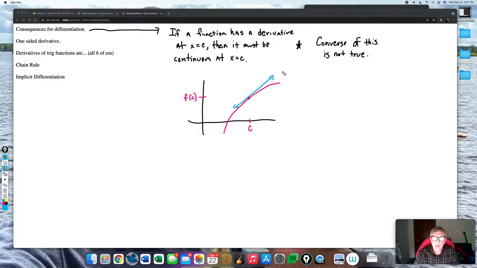I didn't do a terribly good job drawing that, but the slope of this line is f prime of c. So if we have a tangent line with a defined slope, not a vertical tangent line, because vertical lines have no slope, but horizontal or slanted in some way, if that derivative exists, then the function must also be continuous. That's what this is saying.